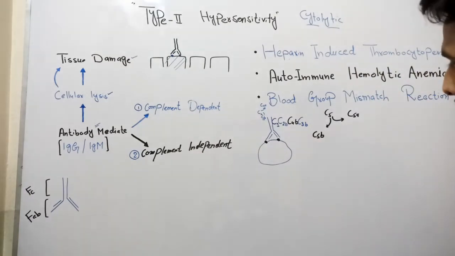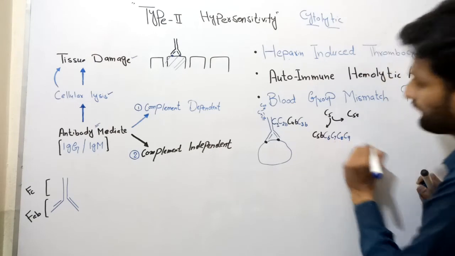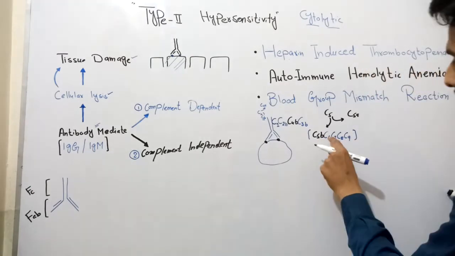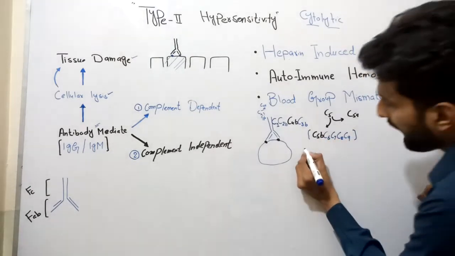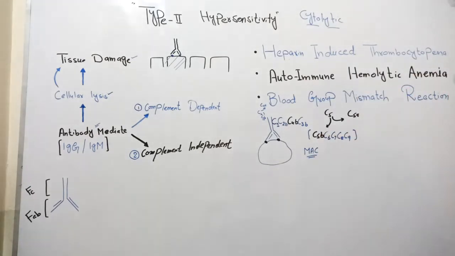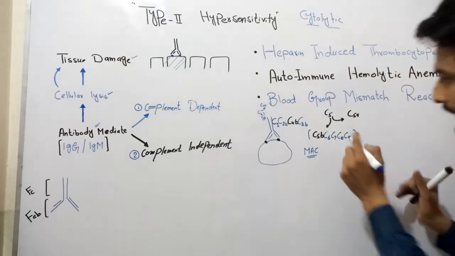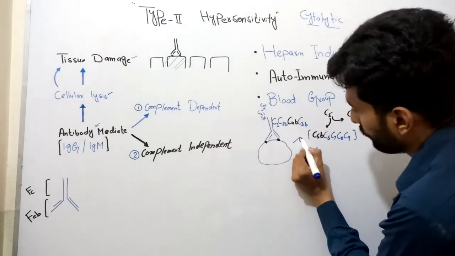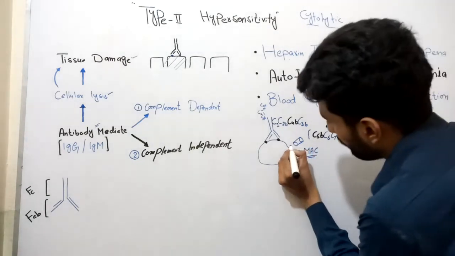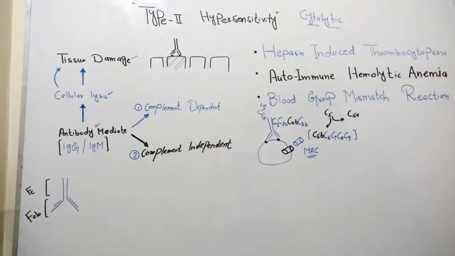Now C5B can attach C6, C7, C8 and C9 proteins along with it, and this complex of C5B, C6, 7, 8 and 9 is called MAC, membrane attack complex. These proteins arrange themselves to form a pore-like structure. Now this pore-like structure will be placed on the cell membrane of the platelet.